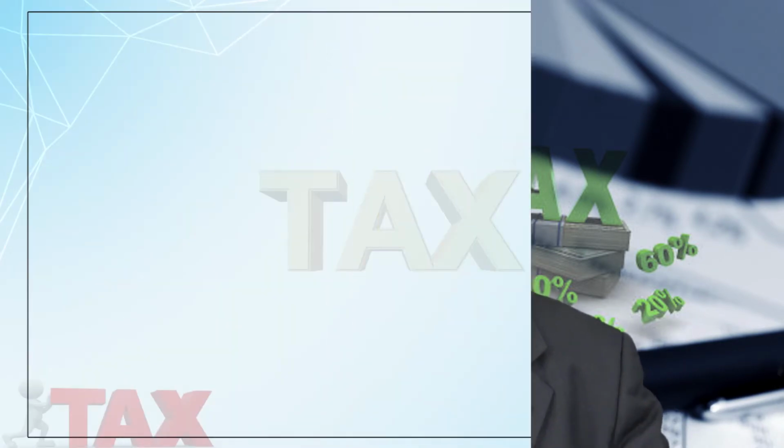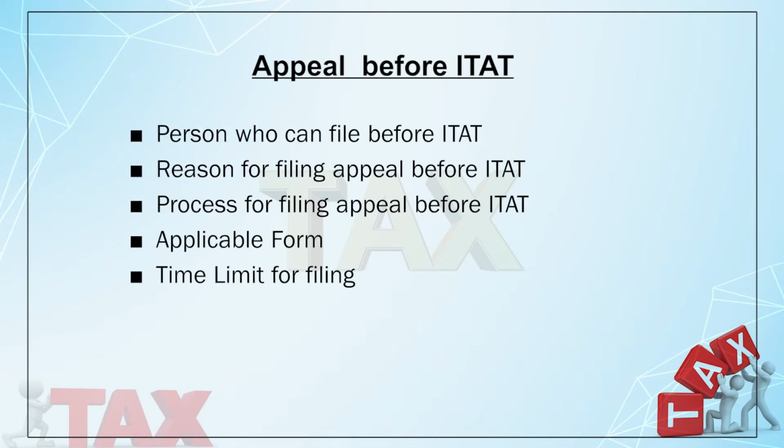The application has to be made in Form number 36 with appropriate justification, reasons for the appeal, the grounds of appeal with all details and modalities, and then wait for the decision that the judges, the accountant member and the judicial member, will take. If the Appellate Tribunal, ITAT, order is in favor of the assessee, the assessee may be extremely happy and say close the file.